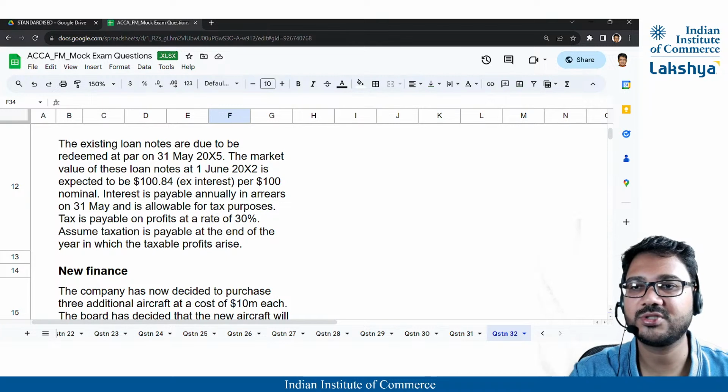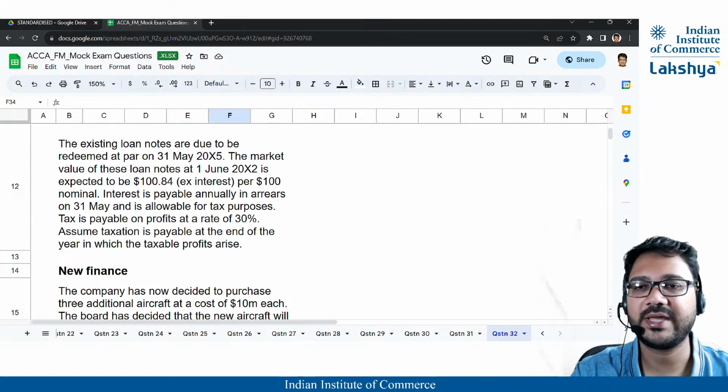The existing loan notes are due to be redeemed at par. The market value of these loan notes at 1st June 20x2 is expected to be 100.84 ex interest per $100 nominal value. Interest is payable annually in arrears on 31st May and is allowable for tax purposes. Tax is payable on profit at a rate of 30%. Assume taxation is payable at the end of the year in which taxable profits arise.